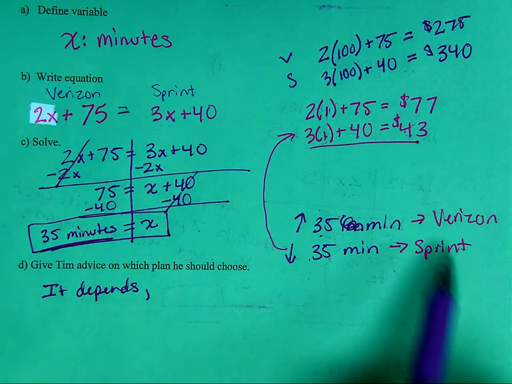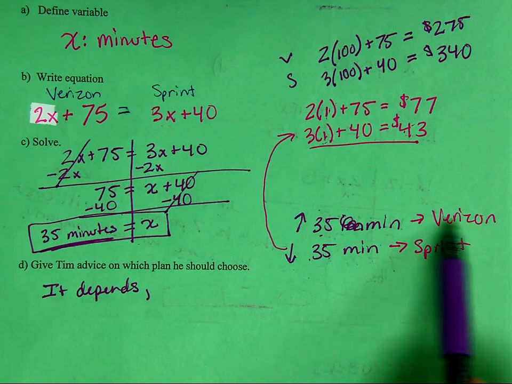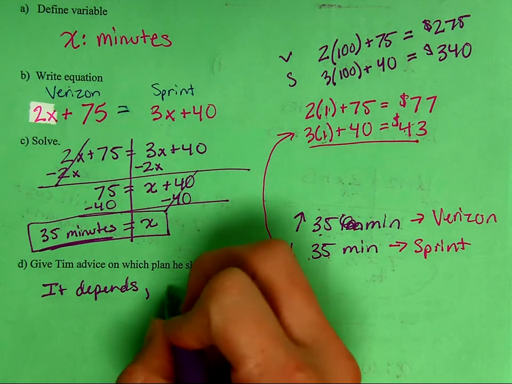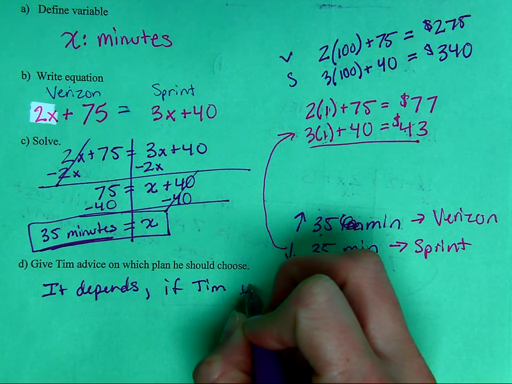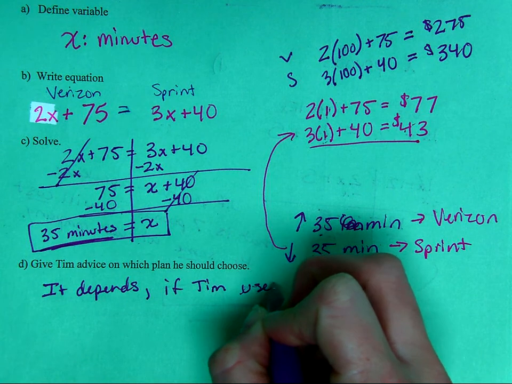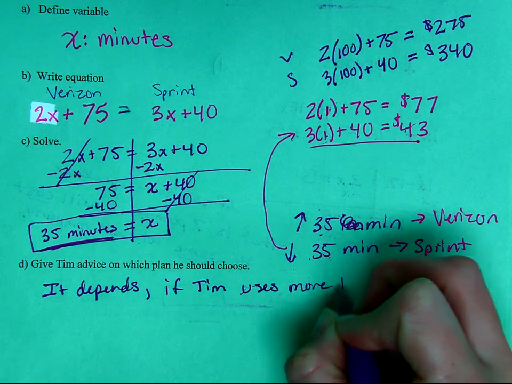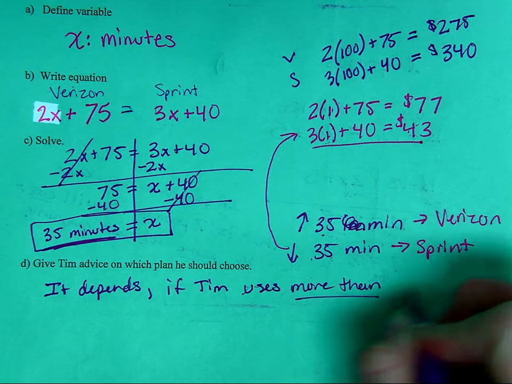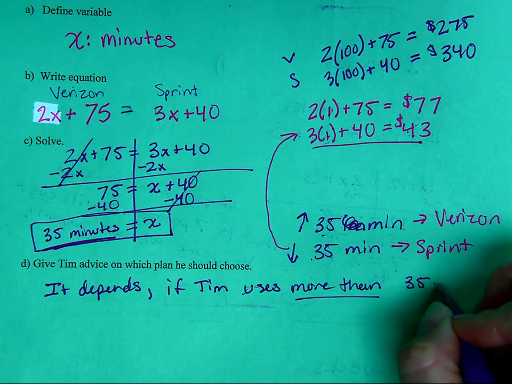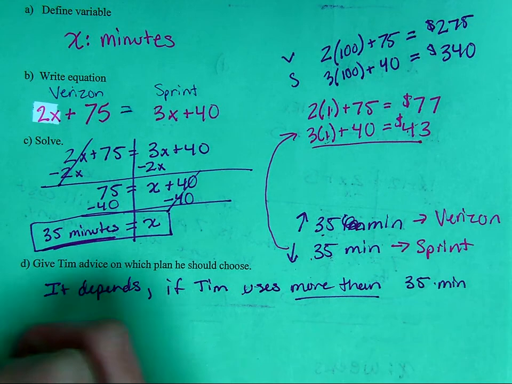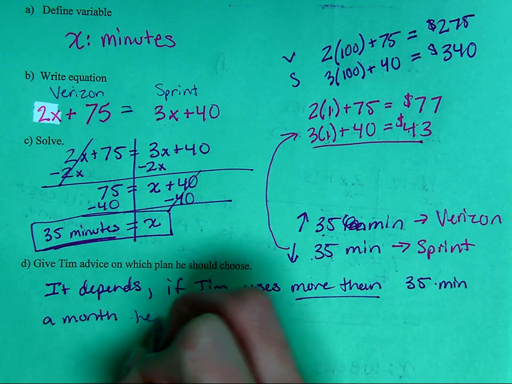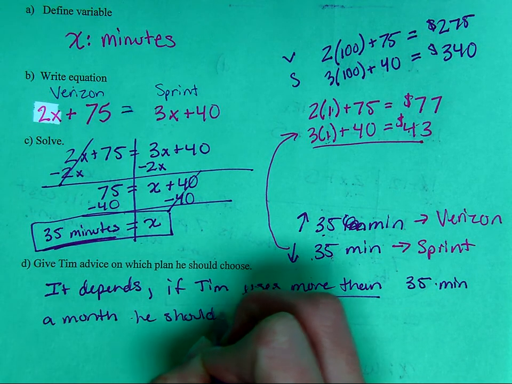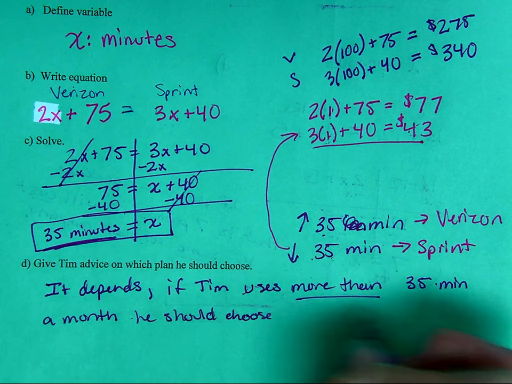So in my explanation, I want to give Tim advice on the cheaper option. So I need to tell him both of these things. I need to tell him if Tim uses more than 35 minutes a month, he should choose Verizon.